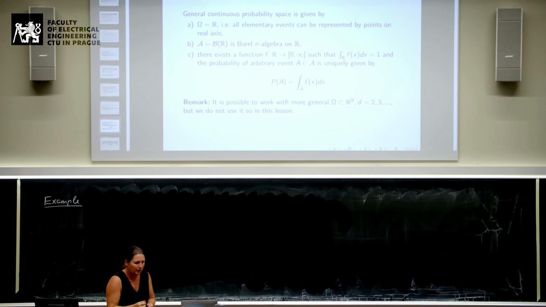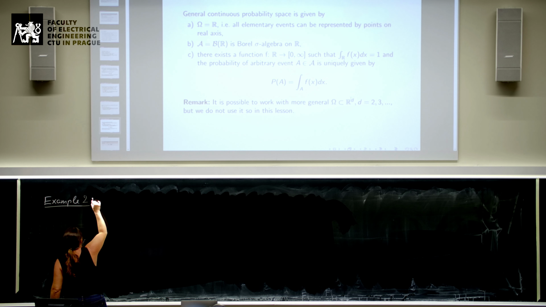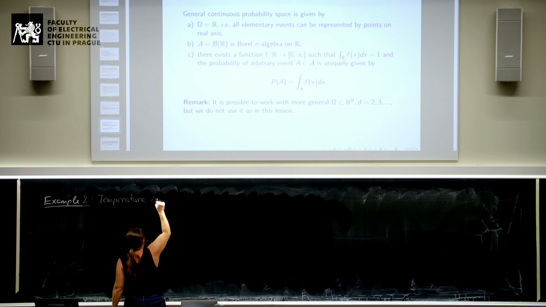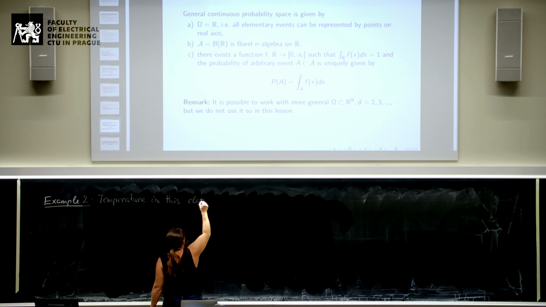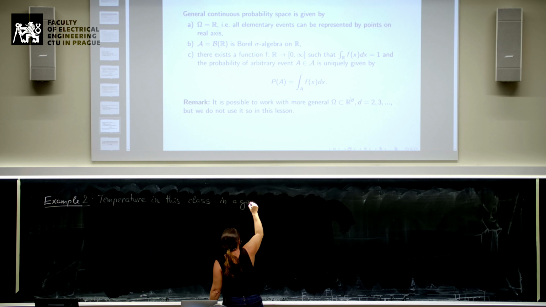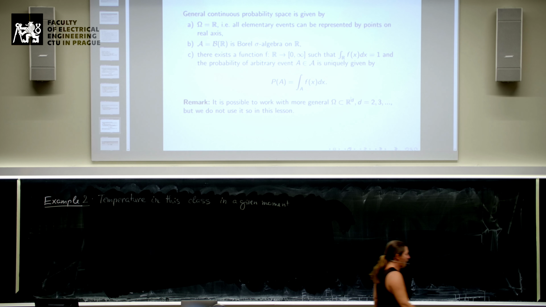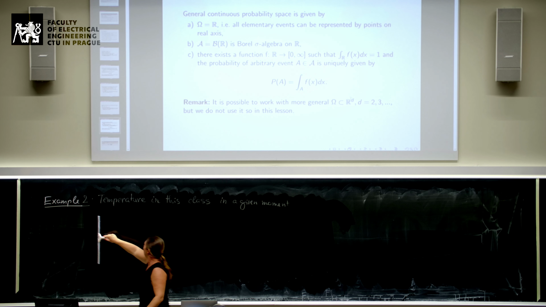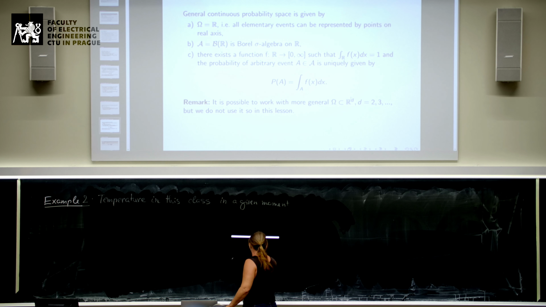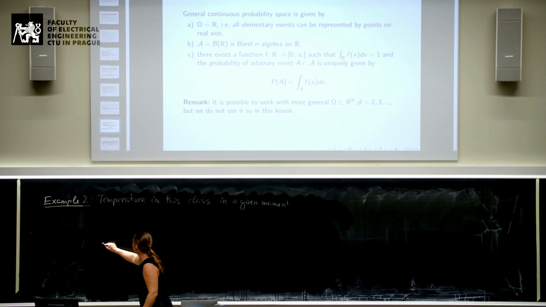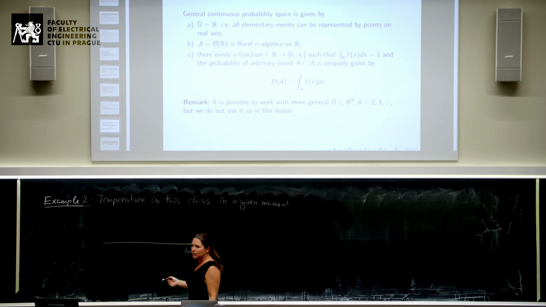So let's go back to the example with the temperature. Theoretically, when we imagine the temperature, it can happen that here is minus 20 degrees, or that here is 40 degrees.